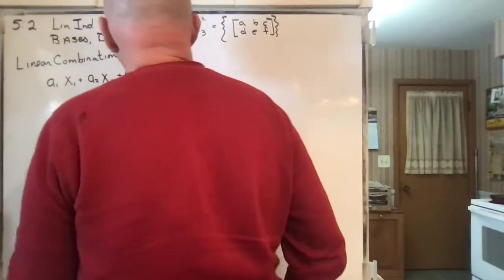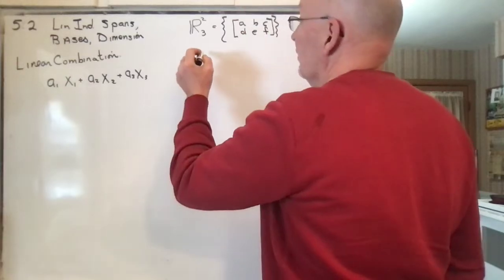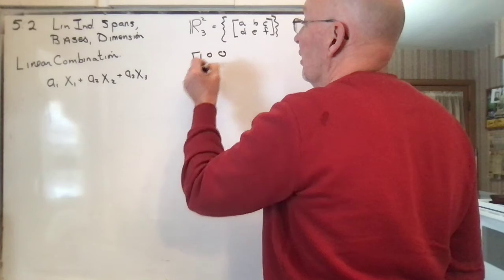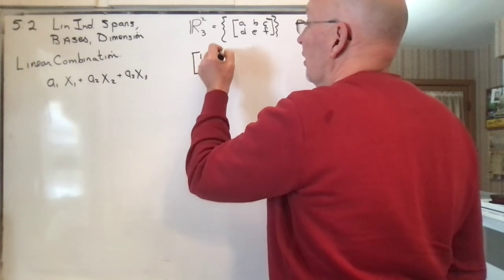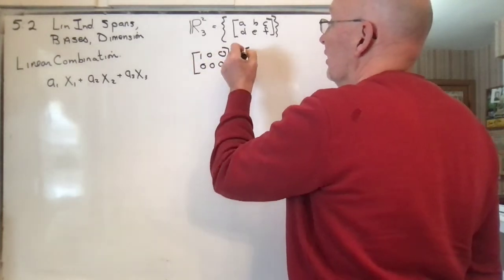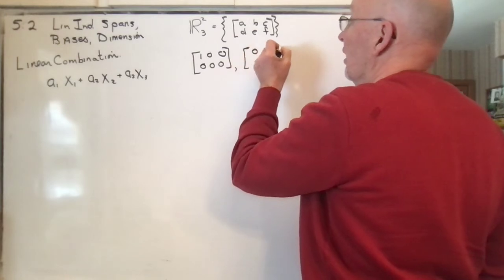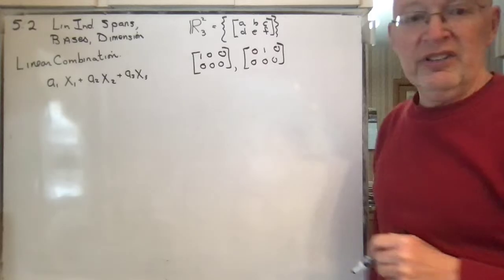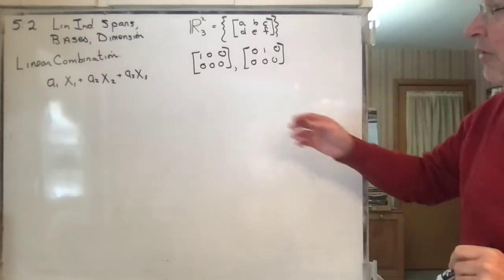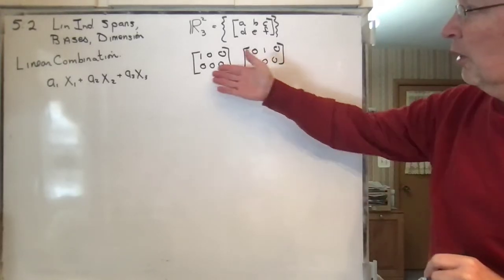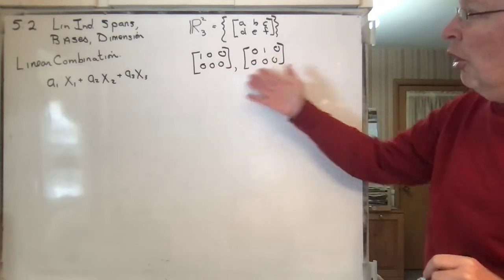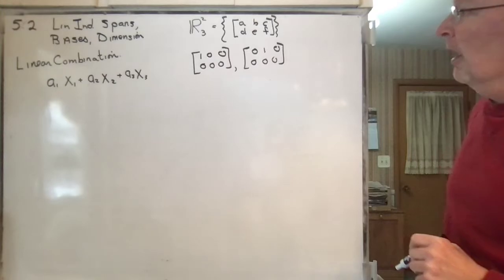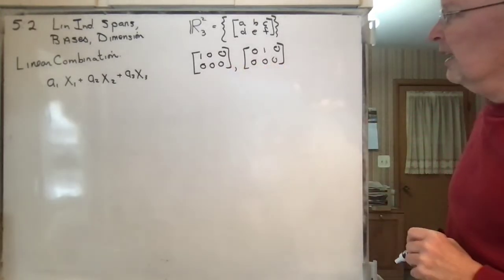Now, if you have a couple vectors, let's take a couple vectors in here, and I'll take some simple ones. There's a vector. And there's a vector. Two very simple vectors. So first of all, if I took all the possible linear combinations of these two vectors, what would I get?